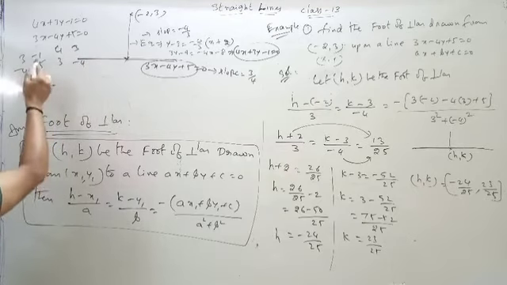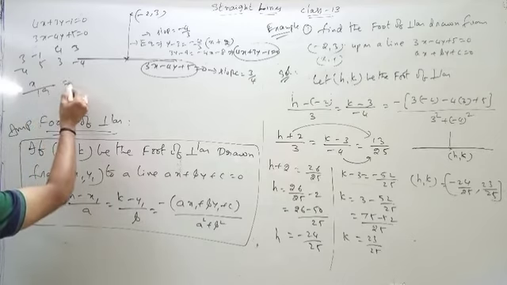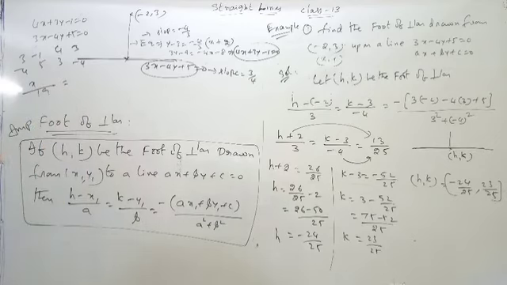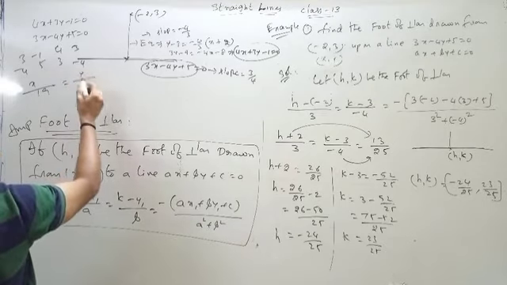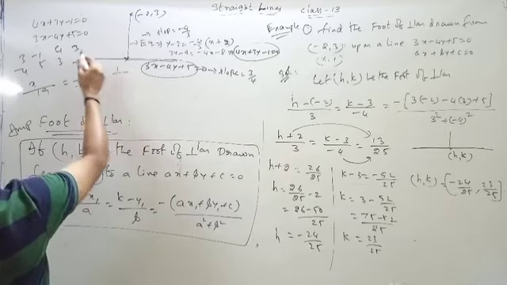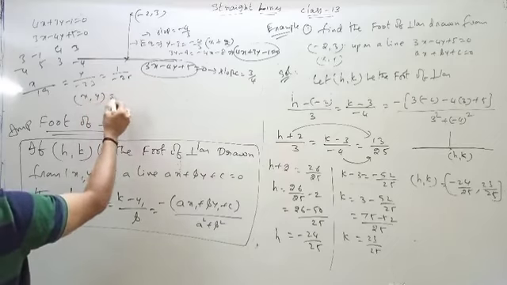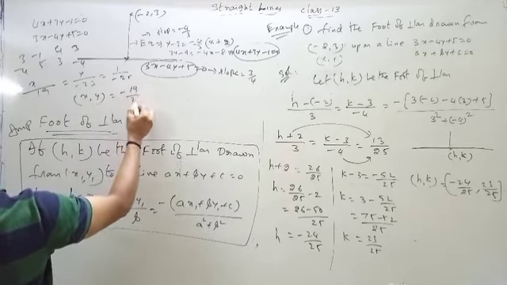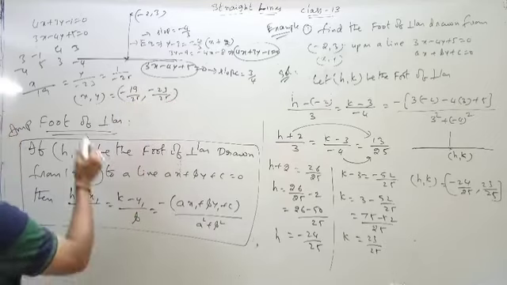X by 15 plus 5. 15 plus 4 19. 15 plus 4 and y by minus 3 minus 20 minus 23, 1 by minus 16 minus 9 minus 25. So x comma y is equal to minus 19 by 25 minus 23 by 25.